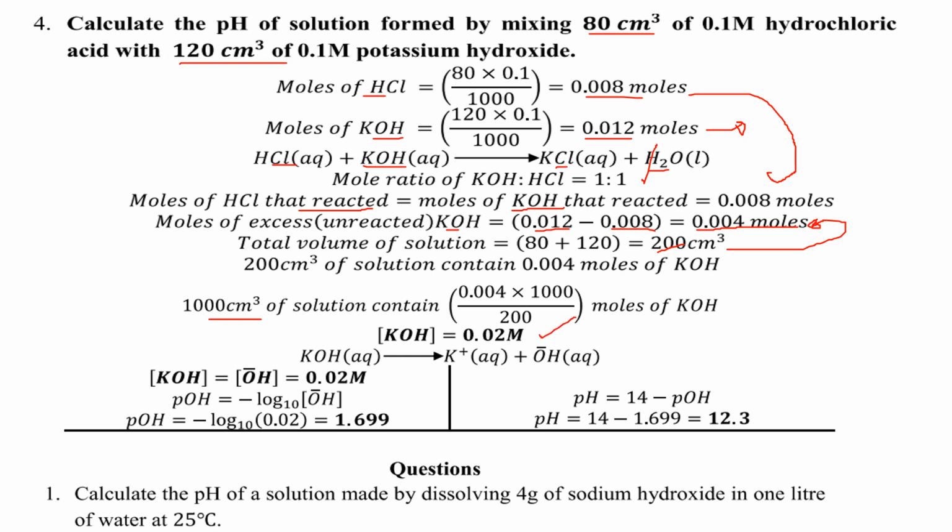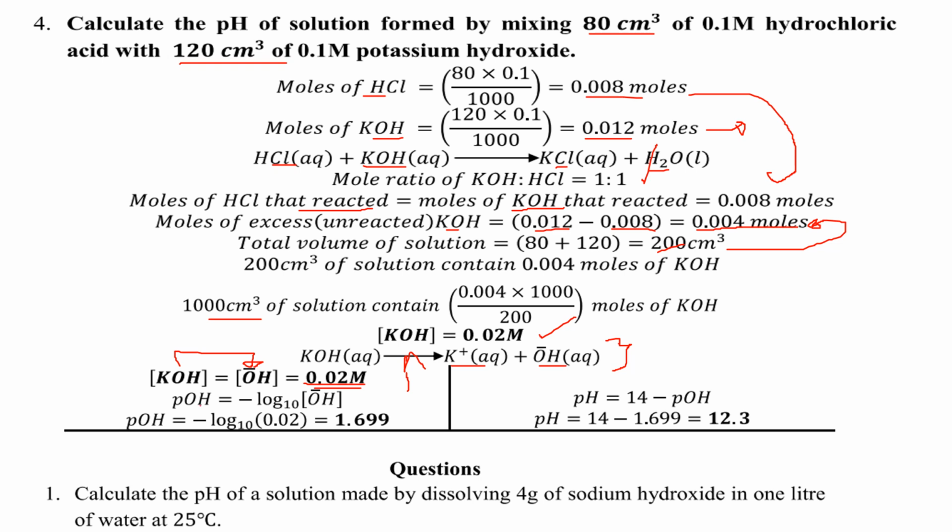And after getting the concentration, we write an equation for the full ionization of our strong base. Therefore, you must use a full arrow. So you're going to get potassium ions and hydroxide ions. Since the mole ratio is 1:1, the molar concentration of potassium hydroxide is the same as the molar concentration of hydroxide ions, and you're going to get 0.02 molar.